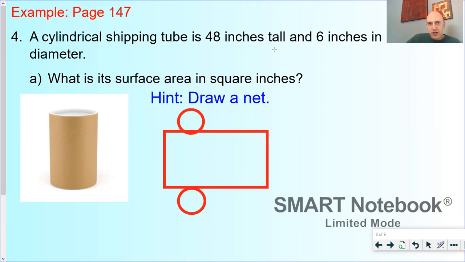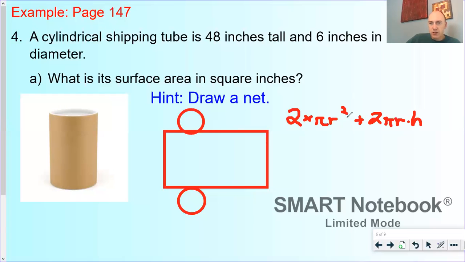So the surface area here is just going to be equal to, where's my drawing tool? This is pi r squared, this is pi r squared, so we've got 2 times pi r squared, and then we also have the rectangular part, which is 2 pi r, the circumference of the circle, times h.